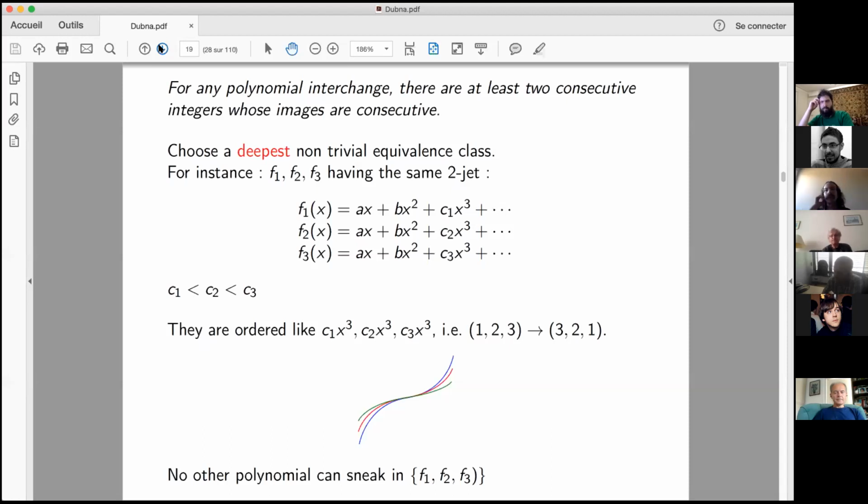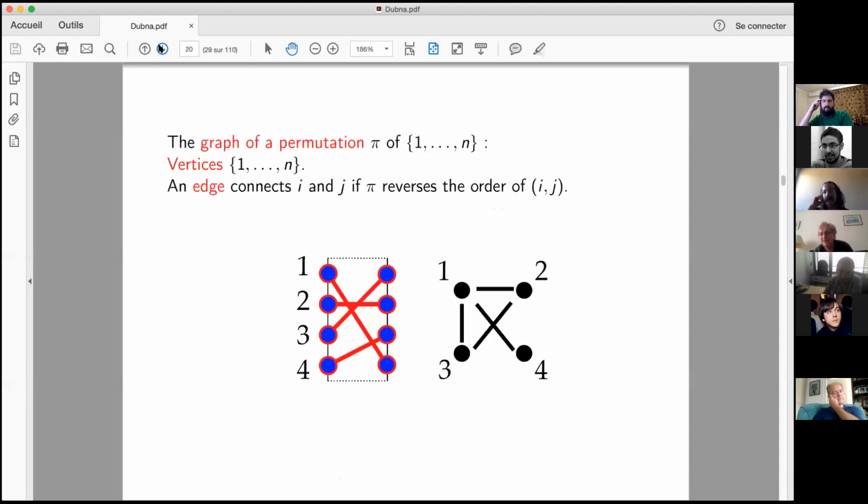Okay, now that we know that, how can we use it? Let me say something about graph theory. Very simple part of graph theory. Suppose you have a permutation of 1 to n. Associated to this permutation, you draw a graph. You take one vertex for each of 1 to n, and you connect i and j if the permutation pi reverses the order of i and j.